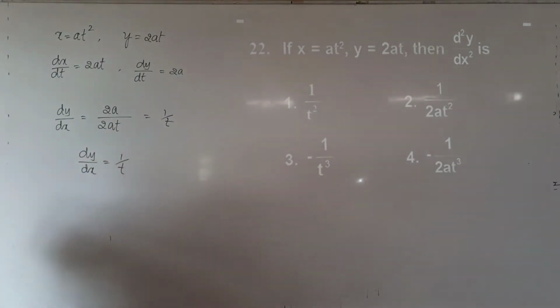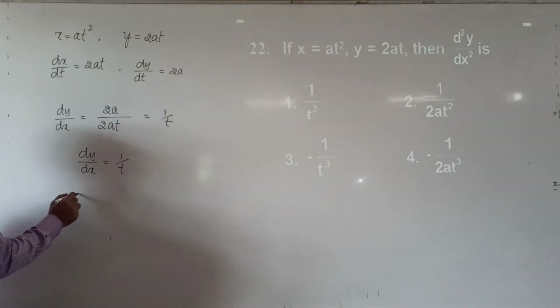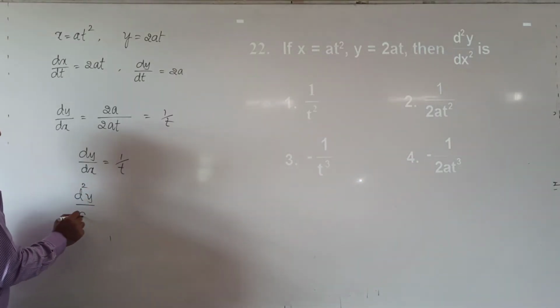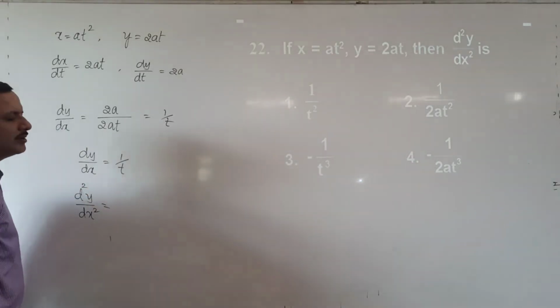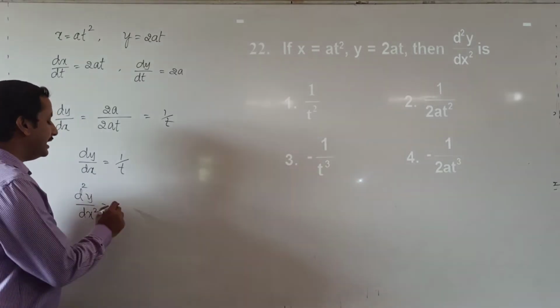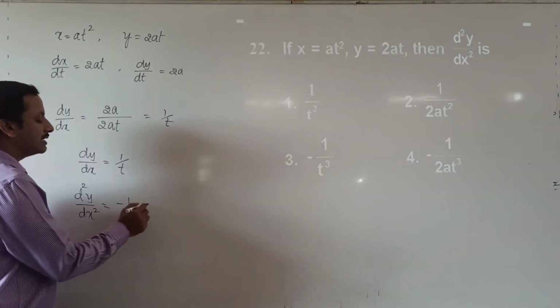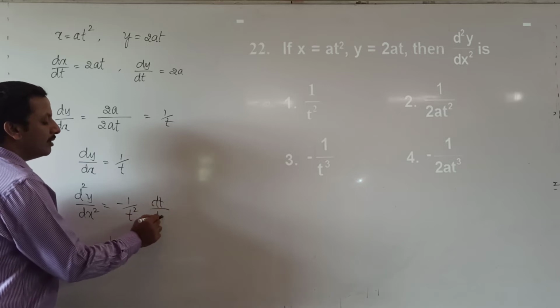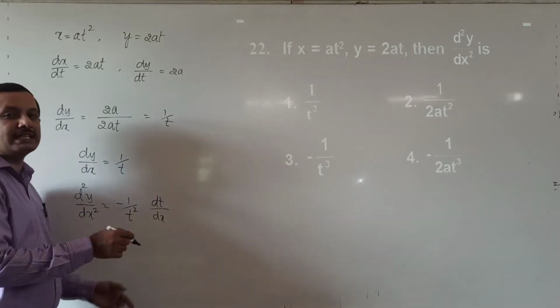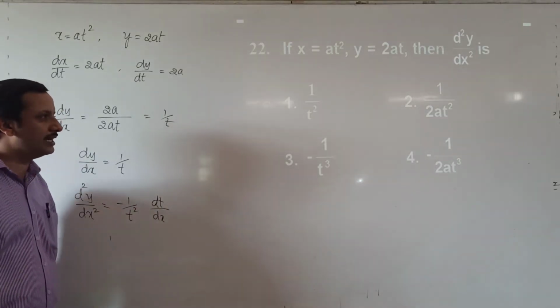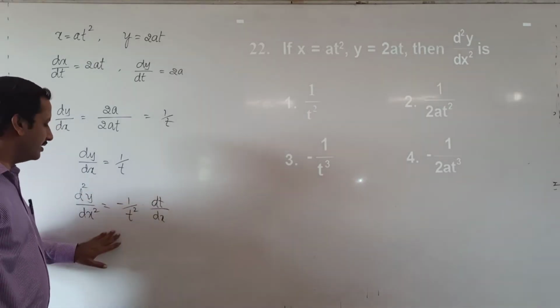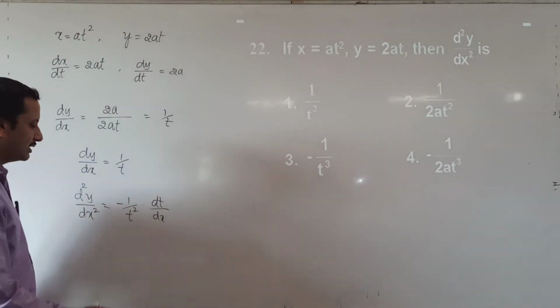But we want d square y by dx square. Again you differentiate this with respect to t. d square y by dx square is equal to derivative of 1 by t, which is minus 1 by t square, into dt by dx. Mind you, you are differentiating with respect to x. You don't just write minus 1 by t square. That also not there. Okay. So into dt by dx, right?